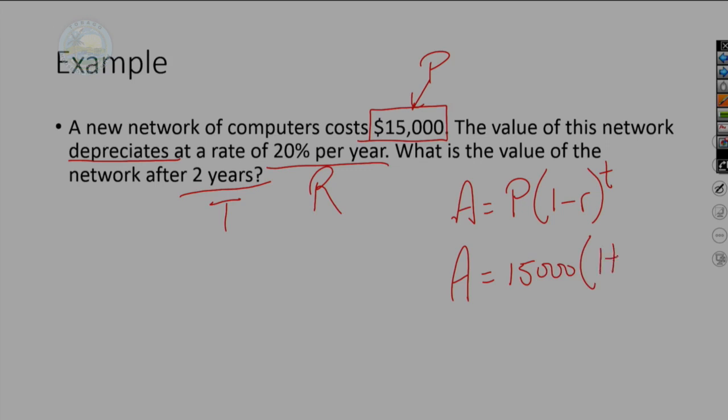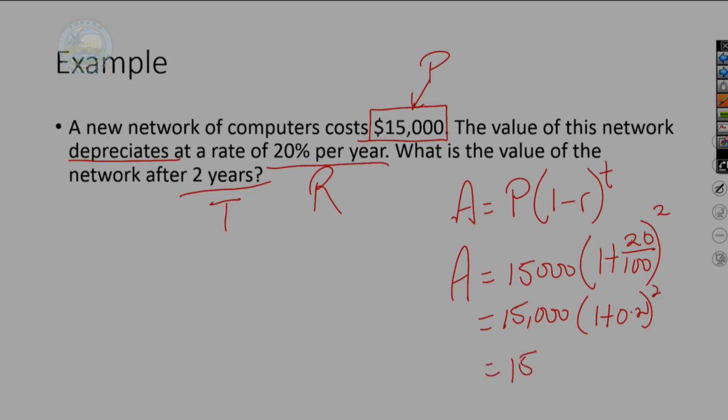Now, is it 1 plus 20? No, it isn't. Remember, it will be as a fraction, to the power of time. So that's 15,000 times (1 plus 0.2)^2.